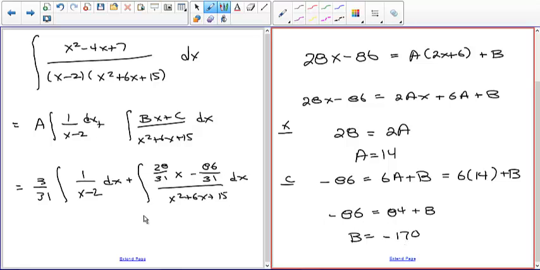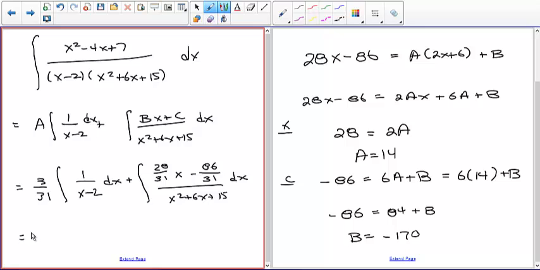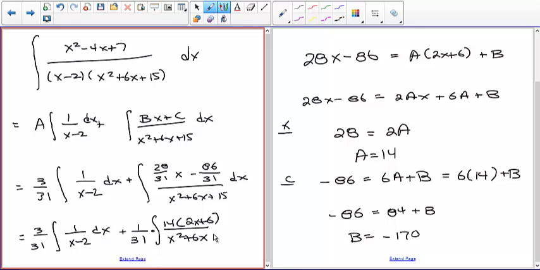Okay. So what that means now is I can go back here, and I factored out the fraction, and then I have times the integral of a, which is 14, times 2x plus 6 divided by x squared plus 6x plus 15.